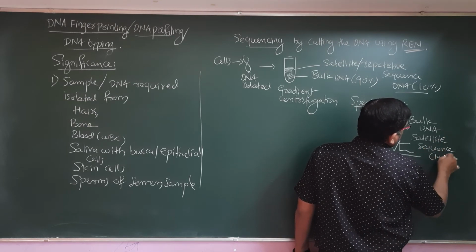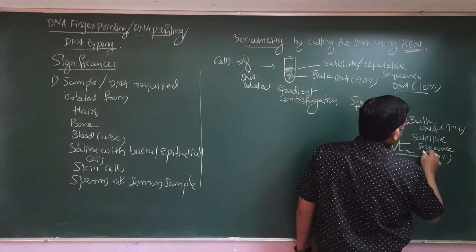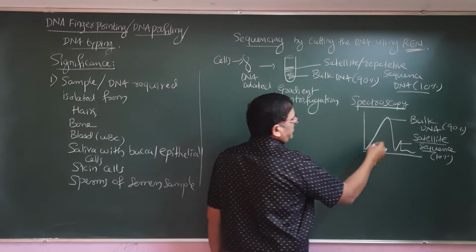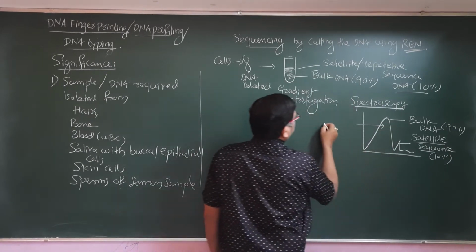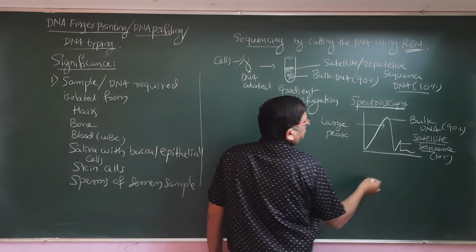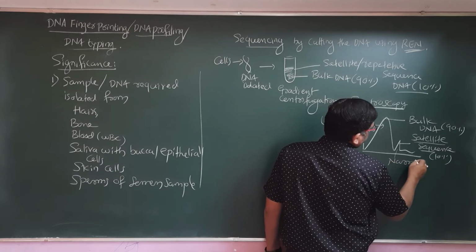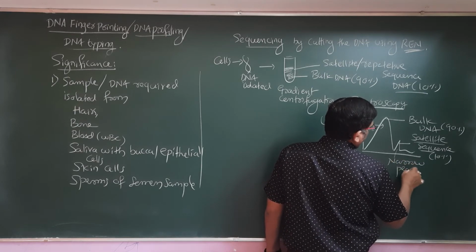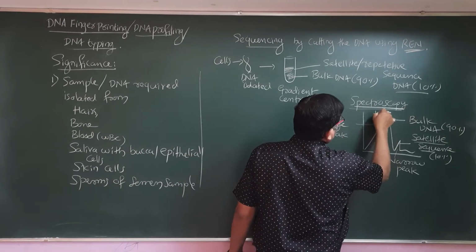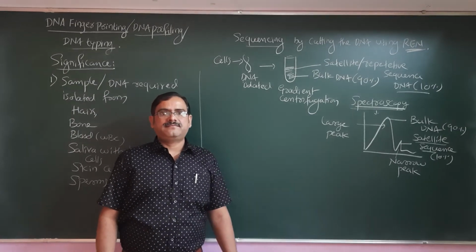This is 90%, and the satellite is 10%. We are more interested in the narrow peak, which is mainly required for us. This is a spectroscopy graph of the DNA sample we isolate.